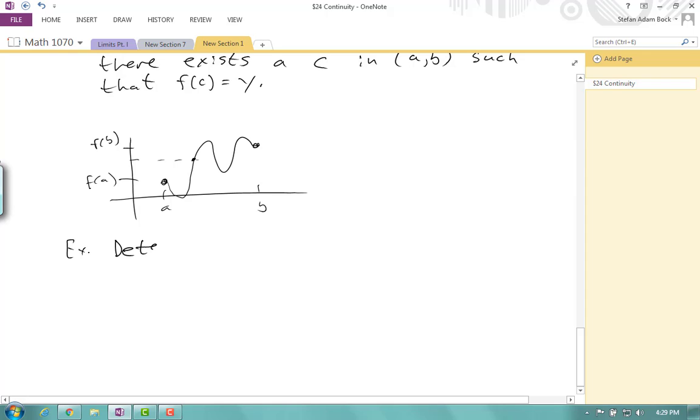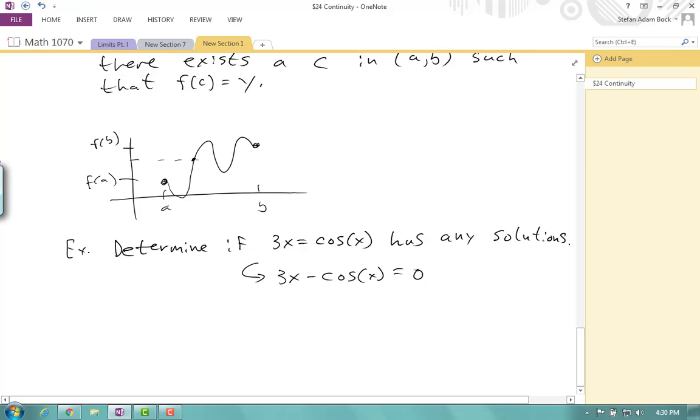I'll ask a question like, determine if 3x equal to cosine of x has any solutions. And the way I want to read that is I'm looking for an intersection between these two functions. Or if I were to rewrite it, 3x minus cosine of x is equal to 0. So what does that mean?